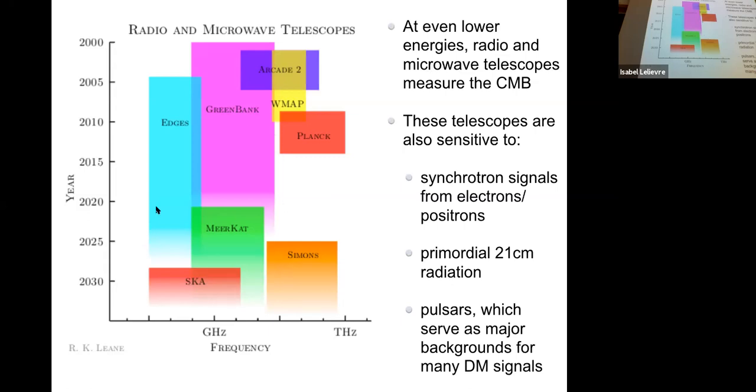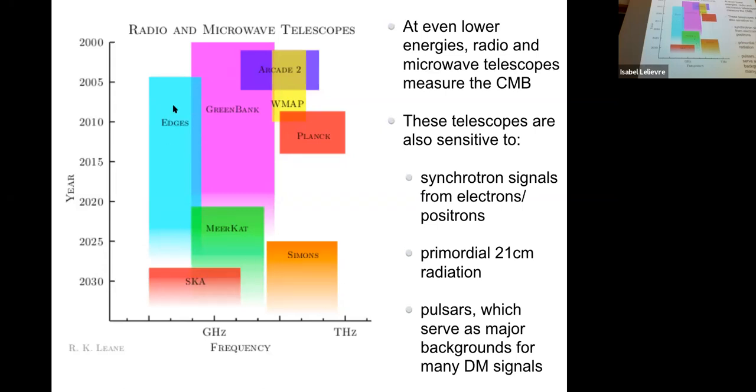At lower energies, there's this range of telescopes, and this is a subset; there's a longer list, which I can give you if you're interested. These telescopes are precursors to a big planned experiment called SKA, which is planned to be the big flagship radio observatory of the next generation. This will be both a 21 centimeter search experiment and an excellent pulsar detector.